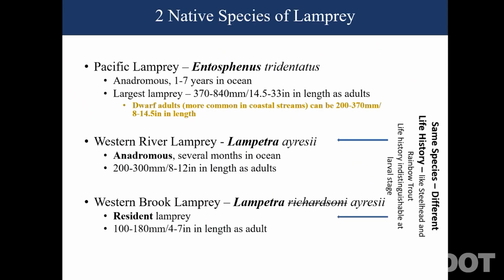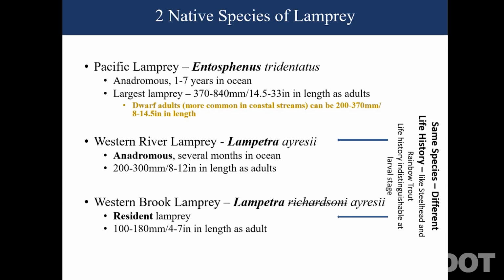A brief reminder, we've got 2 species of native lamprey here in Washington. Our Pacific lamprey are in the Entosphenus genus. They are our largest lamprey. They are anadromous. And so in some cases, the size of the lamprey can be used to determine if it's a Pacific lamprey. Basically, if it's above around 370 millimeters or around 14 inches, that is going to be a Pacific lamprey, our largest lamprey.